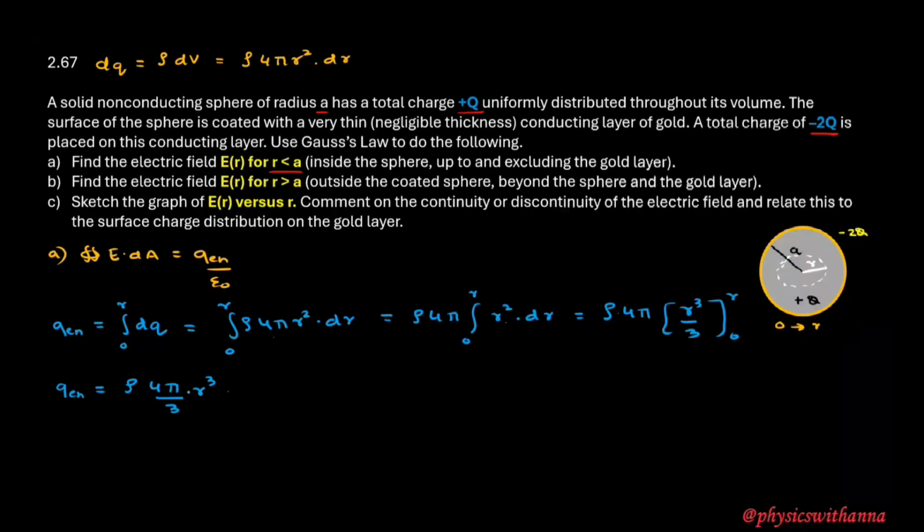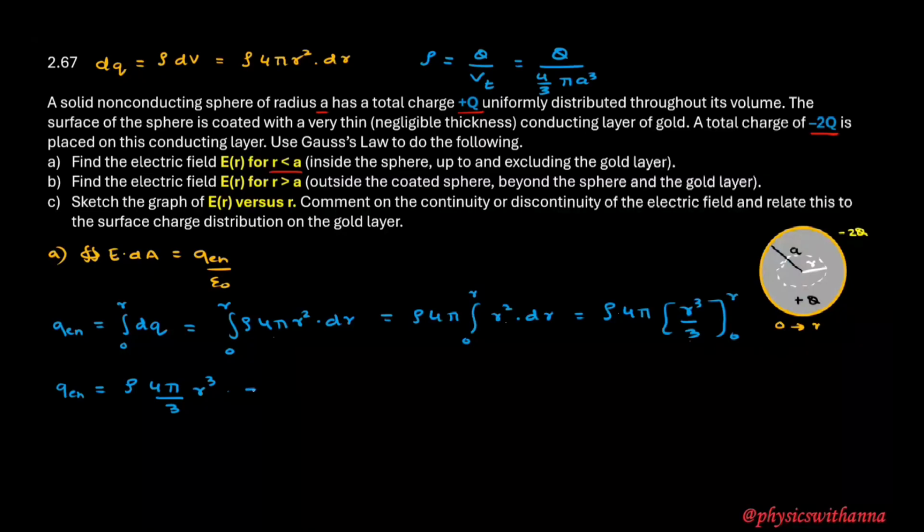Now rho is the charge density of the sphere, the total charge density. And you can calculate the total charge density rho by taking the total charge Q, which is positive Q over here, over the volume of the entire sphere, total volume. So this will become capital Q over 4 by 3 pi A cubed, because A is the radius of the sphere. So I will substitute for rho here.